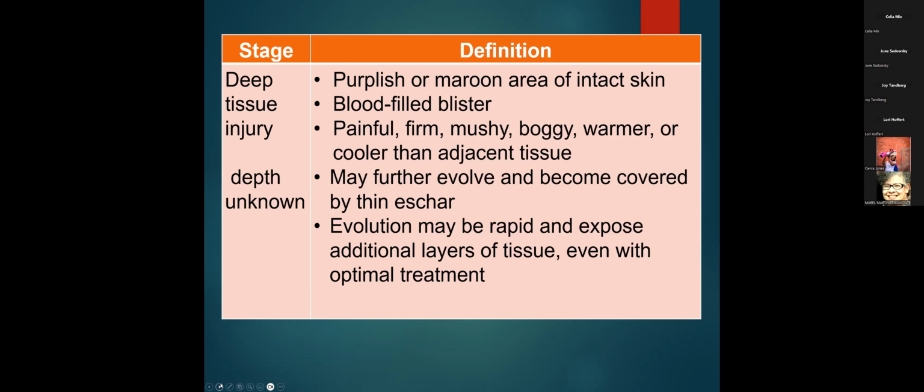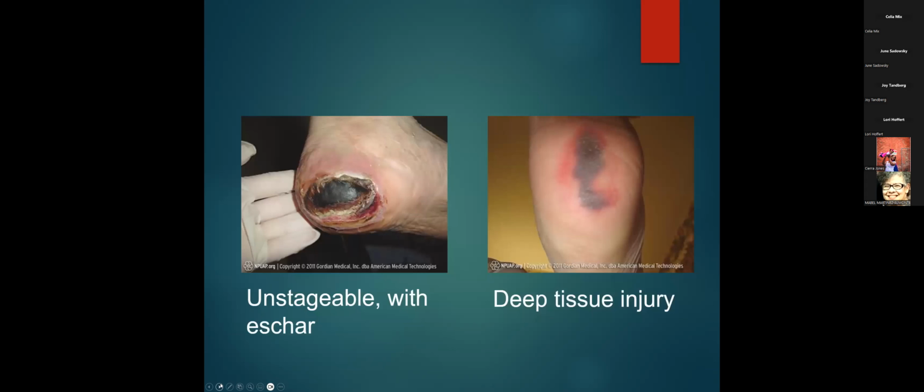That's a tough one to look at, particularly with falls, because you're going to see bruising, and so that clearly is deep tissue injury. And then the whole question is whether it progresses into a pressure ulcer. Okay, next slide, please. Yeah, so on the left is an unstageable pressure ulcer with a heel eschar. And you can see this kind of purple violaceous deep tissue injury on the right.